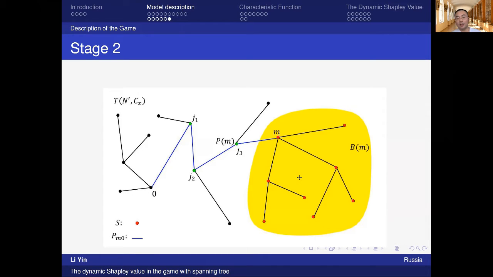But for the other vertices, if they want to connect to the source 0, they have to go through M. So all vertices like this would be in B_M, and they will give M more pressure. And if the pressure is bigger, the probability of M leaving the game is larger.